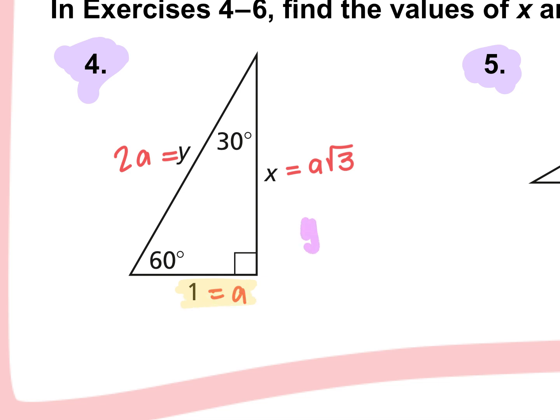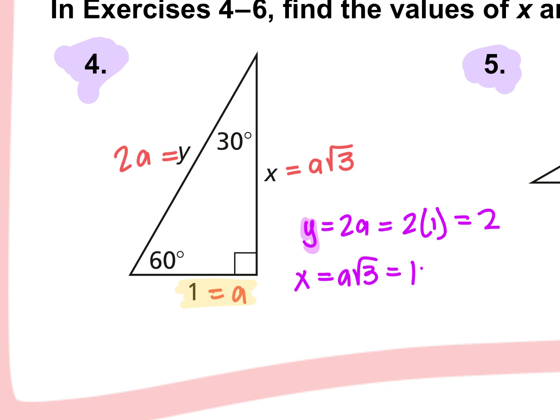If Y equals 2A and A equals 1, plug it in. 2 times 1 equals 2, so Y is 2. And X, if X equals A radical 3 and A is 1, it's just going to equal radical 3.